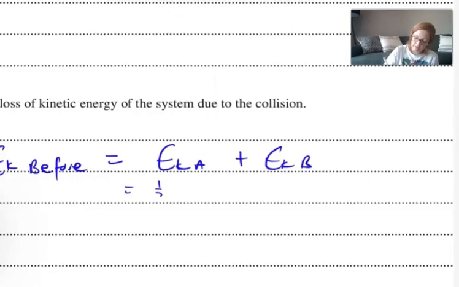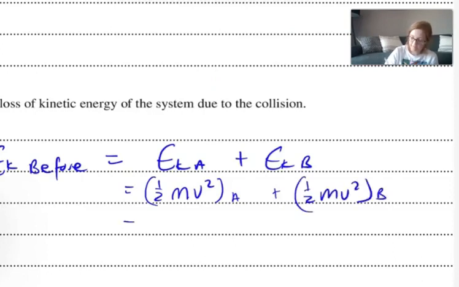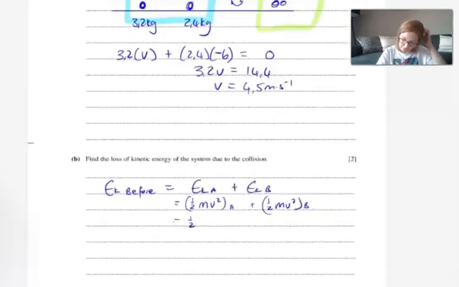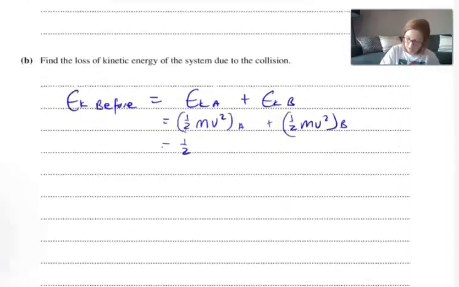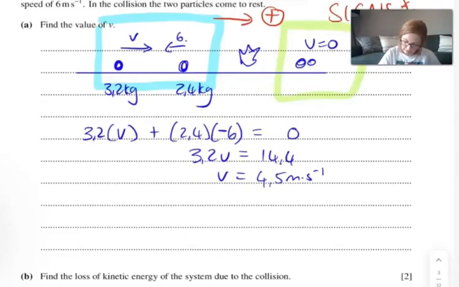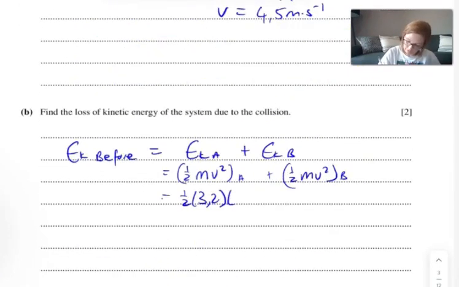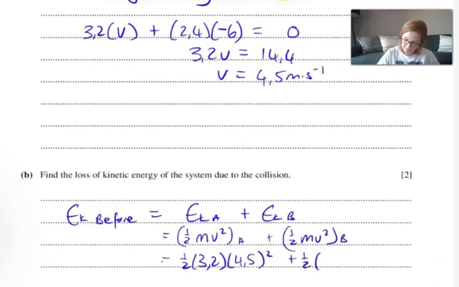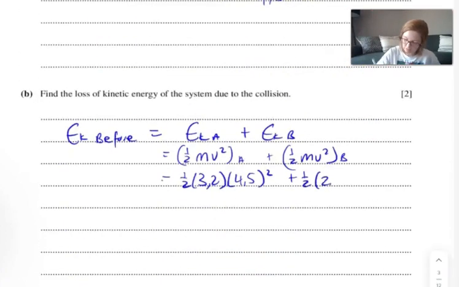That is a half mv squared for my particle A and a half mv squared for my particle B. My particle A was 3.2 and it was traveling at a velocity of 4.5, so that's what we've calculated. This is 2.4 and that was going at 6 squared.